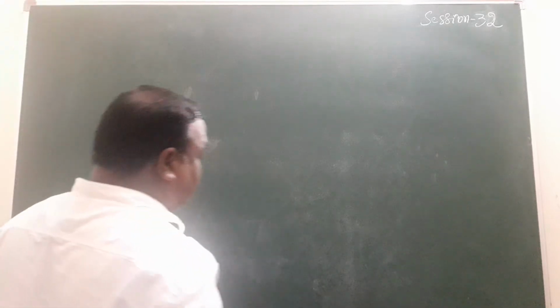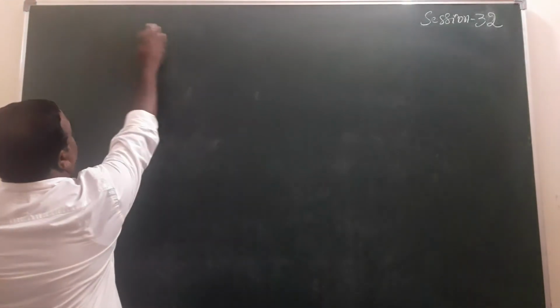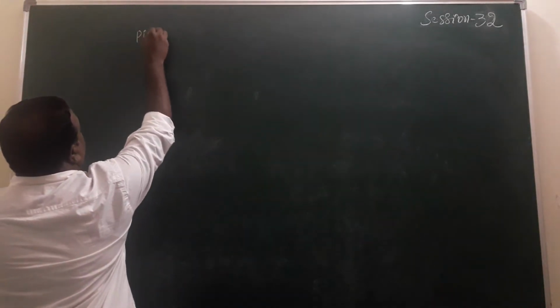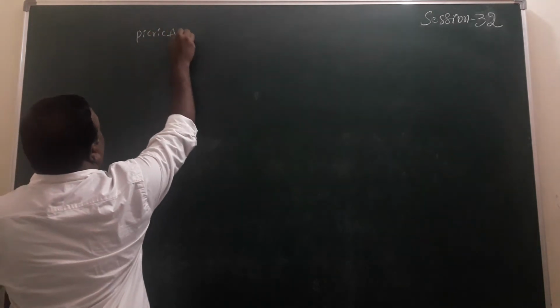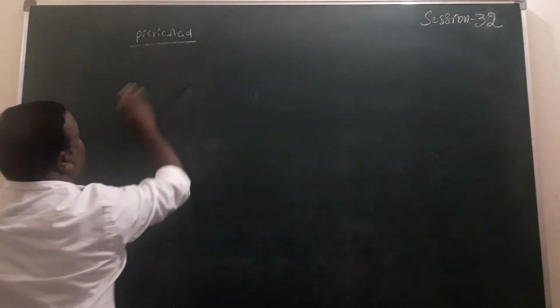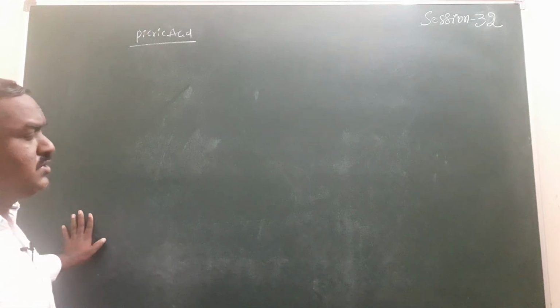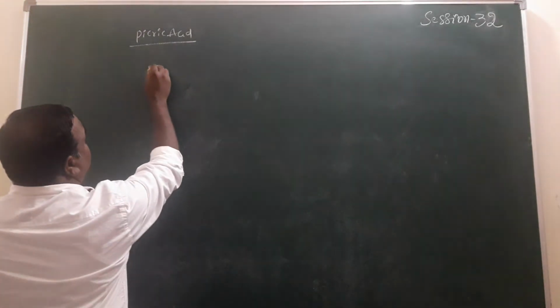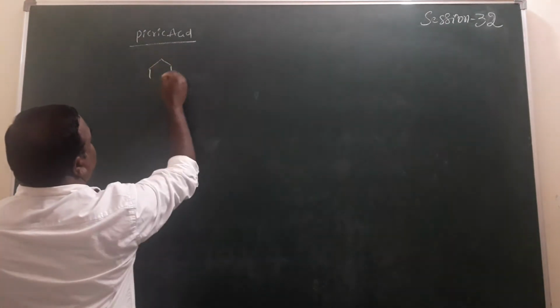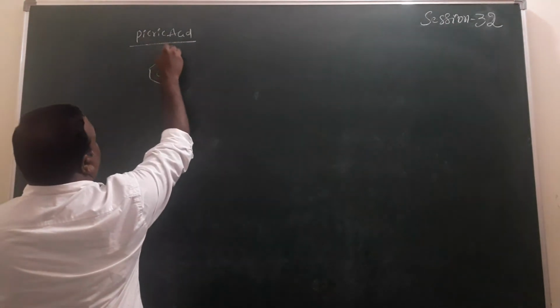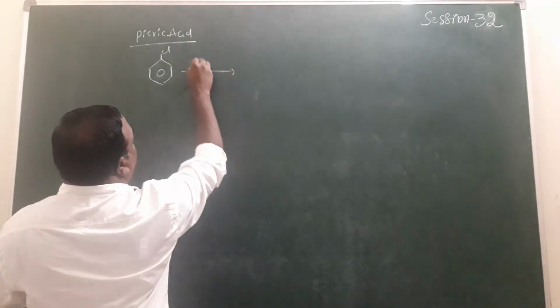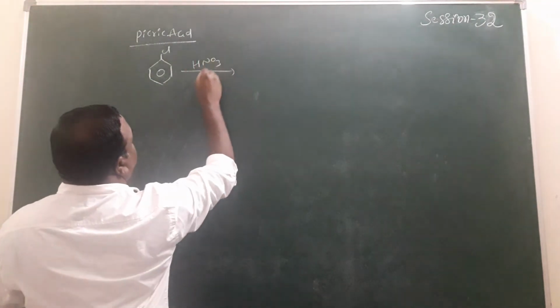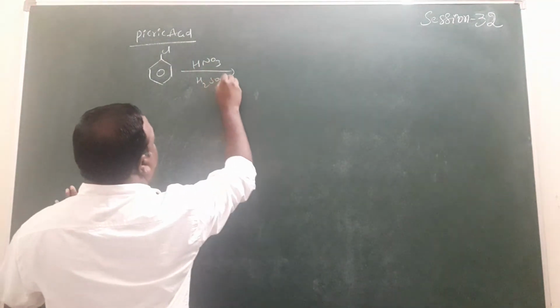Now, preparation of picric acid. How to prepare picric acid? Very simple reactions. Here chlorobenzene is given. The chlorobenzene compound reacts with HNO3 plus H2SO4.